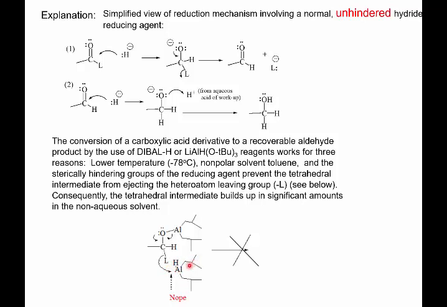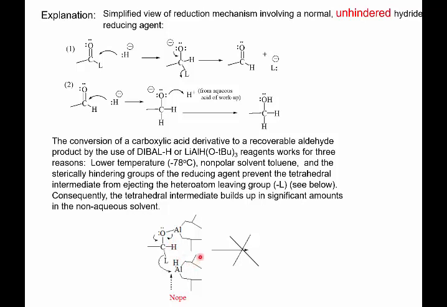These large, bulky, sterically hindering groups prevent a second aluminum from latching on to the leaving group in the tetrahedral intermediate and pulling it off. If it did, you'd get the aldehyde, which is in the environment of hydride donating agents. The hydride agents would reduce the aldehyde.